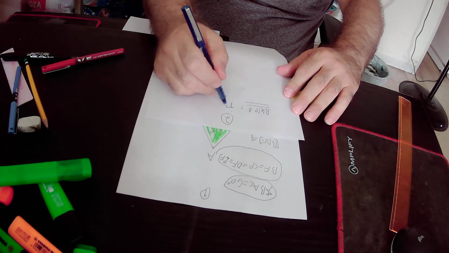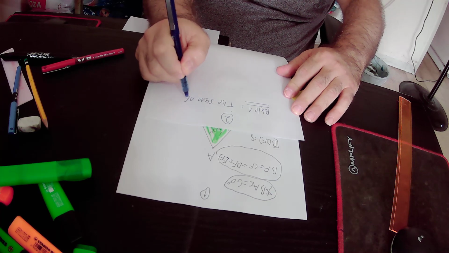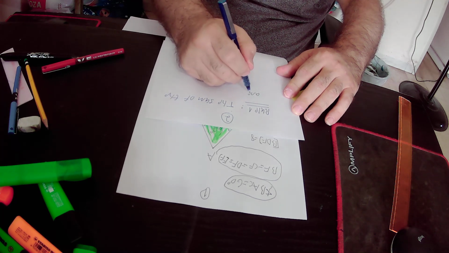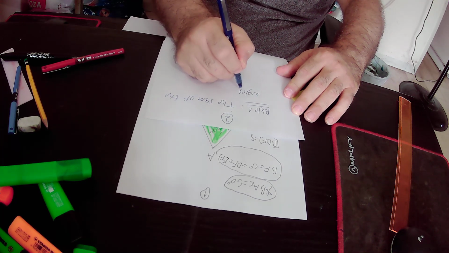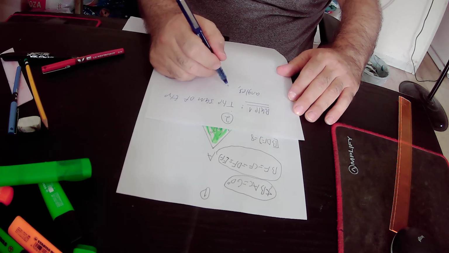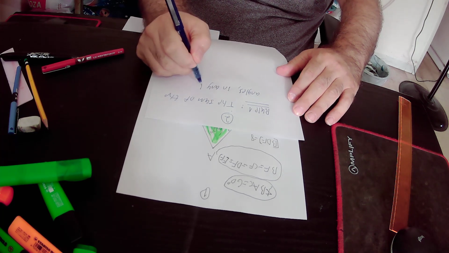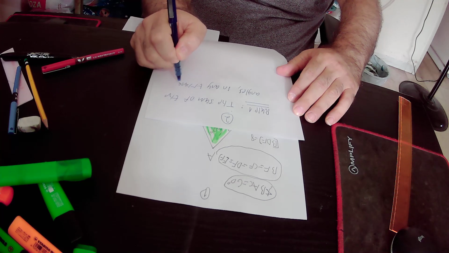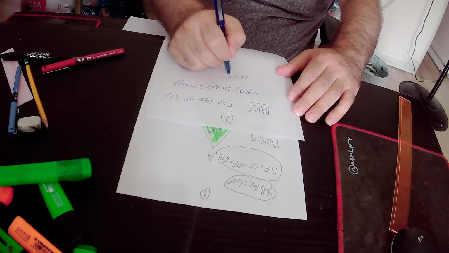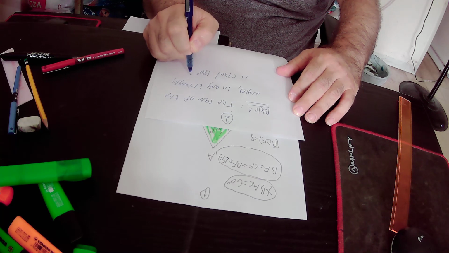Again, the sum of the angles in any triangle is equal to 180 degrees.